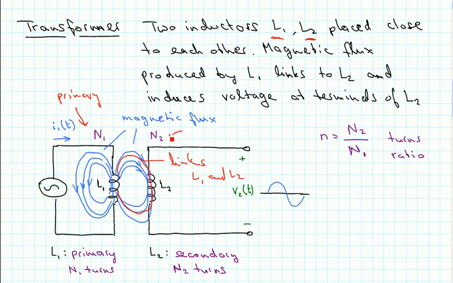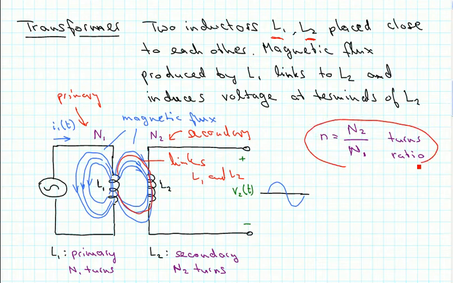So here is the secondary side. And the turns ratio is defined as the number of turns on the secondary side divided by the number of turns in the primary side.